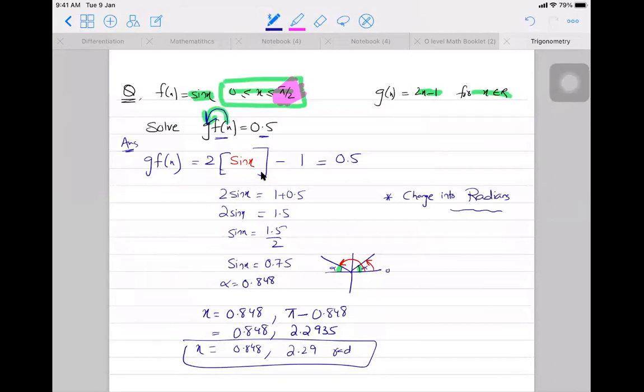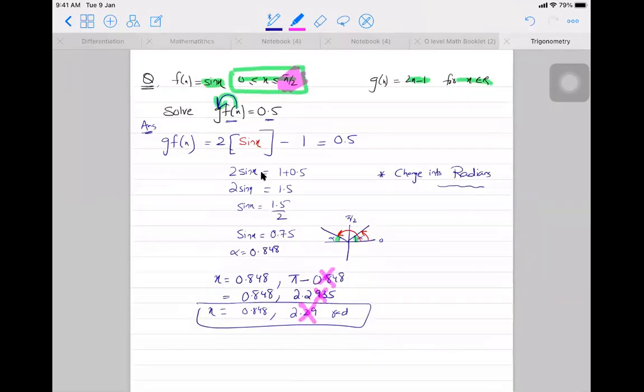So if this is 0 and this is pi by 2, the only angle that is acceptable between 0 and pi by 2 is the acute angle. So we are not going to worry about this angle. The only angle that is going to be your final answer is 0.848 radians.